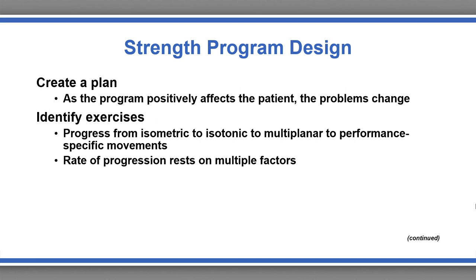Now, the rate of progression will rely on multiple factors. So, for example, an individual who is sedentary and older may take longer to progress than someone who is younger and, say, a high performance athlete.